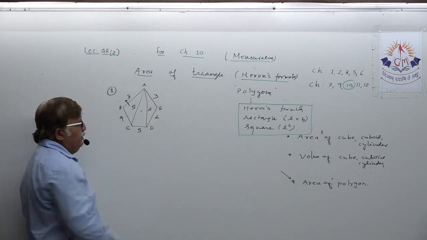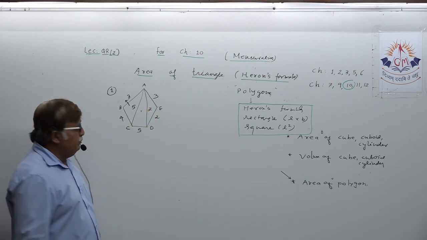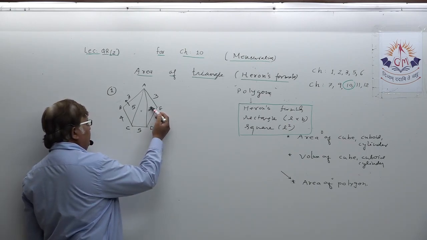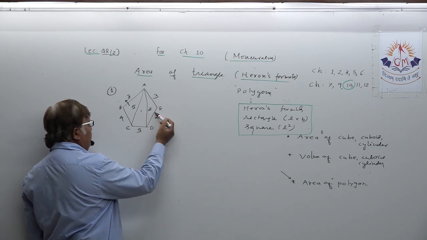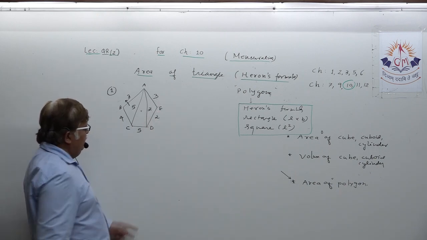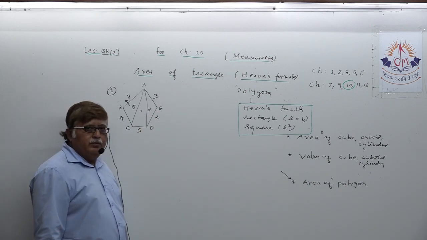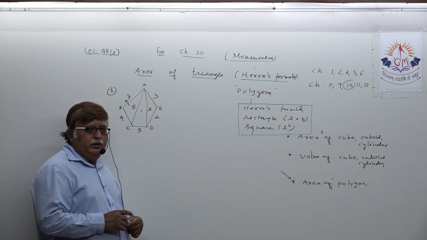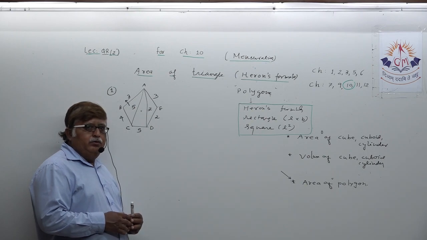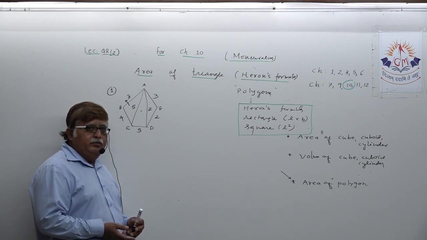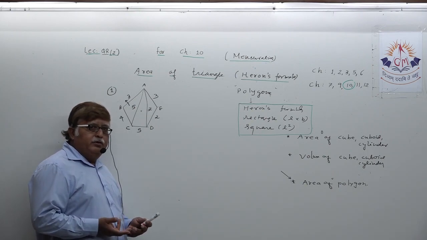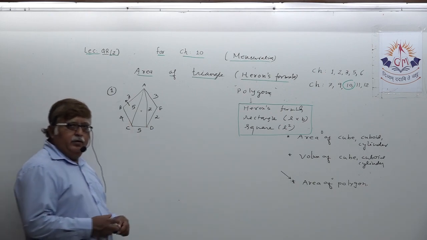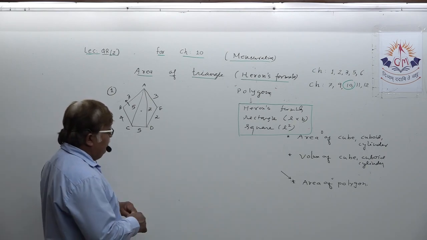Find the area of this triangle by Heron's formula. You have knowledge of the sides of this triangle, 3, 2 and 7. Find the area of this triangle by Heron's formula. After finding the area of all three triangles by Heron's formula, you just add them. When you add them, you will get the area of the pentagon.